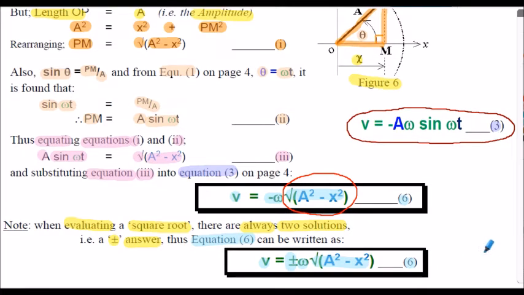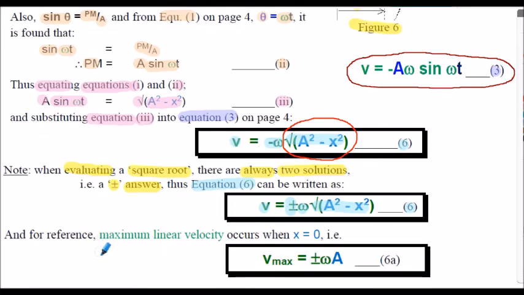Now, often in textbooks, this equation for velocity is written in the positive sense only. And finally, for reference, if we want to calculate the maximum linear velocity, that occurs when displacement x is equal to 0, in other words, no displacement from the mid position. Thus, equation 6 simplifies to V max is equal to positive and negative omega A.